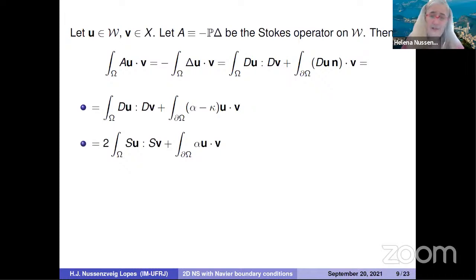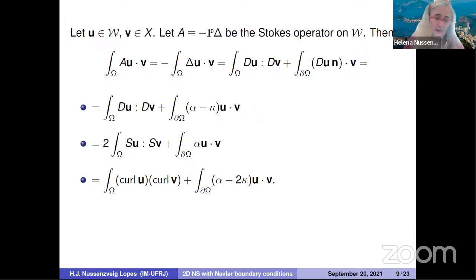This can also be rewritten as twice the stress tensor SU, trace product with SV, plus alpha times U dot V, and here there's no kappa appearing, or the integral of the curl of U times the curl of V, plus the integral on the boundary of alpha minus 2 kappa, U dot V.